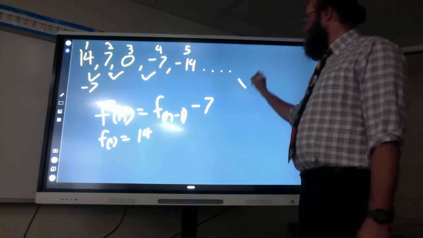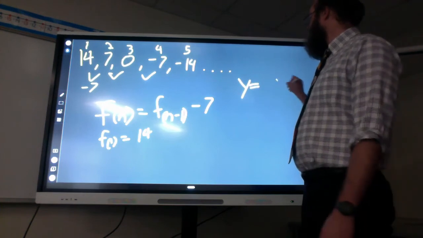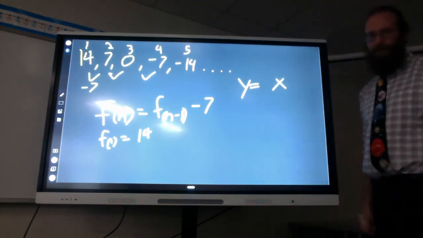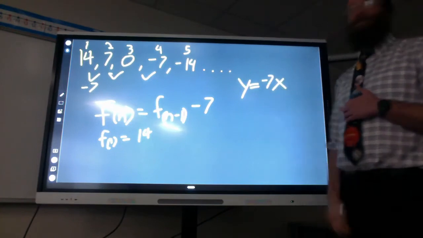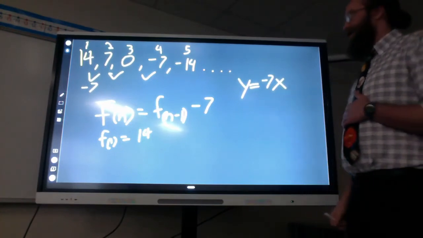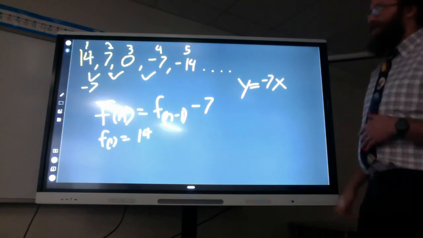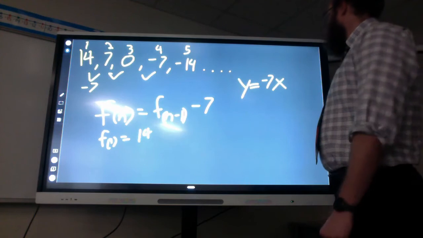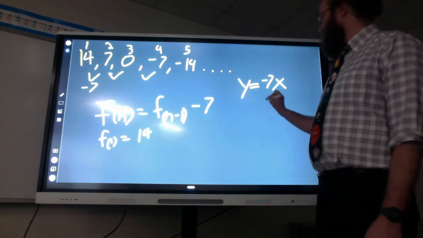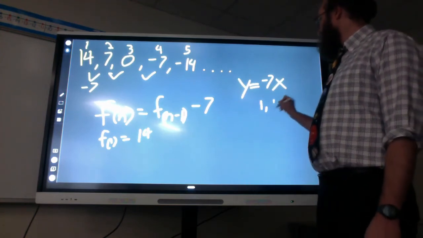Now we're going to write our explicit. Explicits always look like y equals something x. We're going to plug in our common difference in front of the x value, so that's a negative 7. And we have to figure out where we are starting. So if we start at 14, then we need to make that equation work for the point 1, 14.